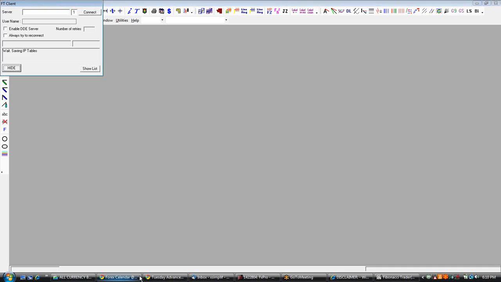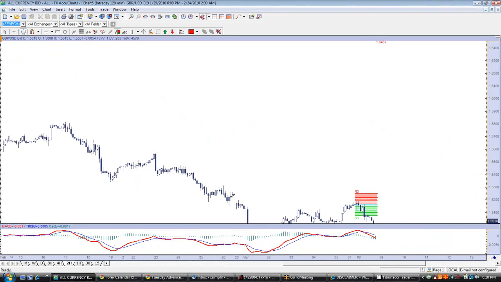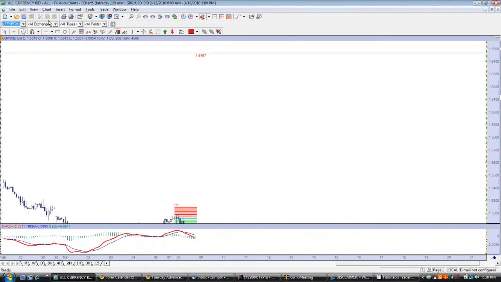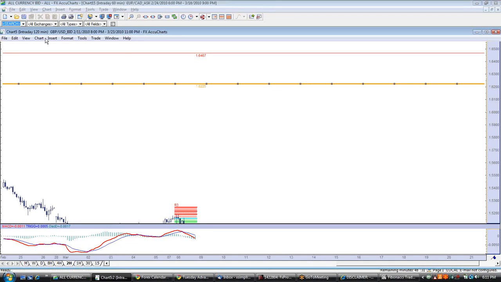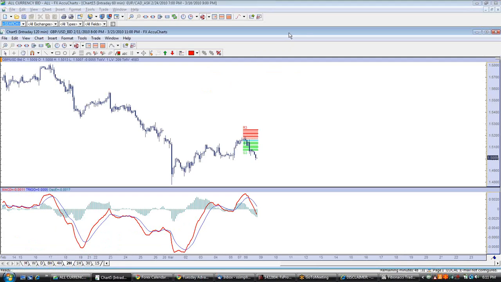Okay, we'll start with some theory in the beginning. But basically, if we have consolidation, there is a couple of things we can do. Let me draw a consolidation here, guys.